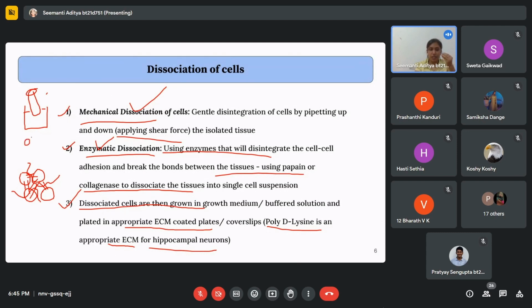It has a lot of cells inside it, a combination of lots of cells together. Suppose this is the liver you have isolated. The liver has different kinds of tissue in different parts. Suppose this part has a different tissue, this part has a different tissue, and this part has a different tissue.